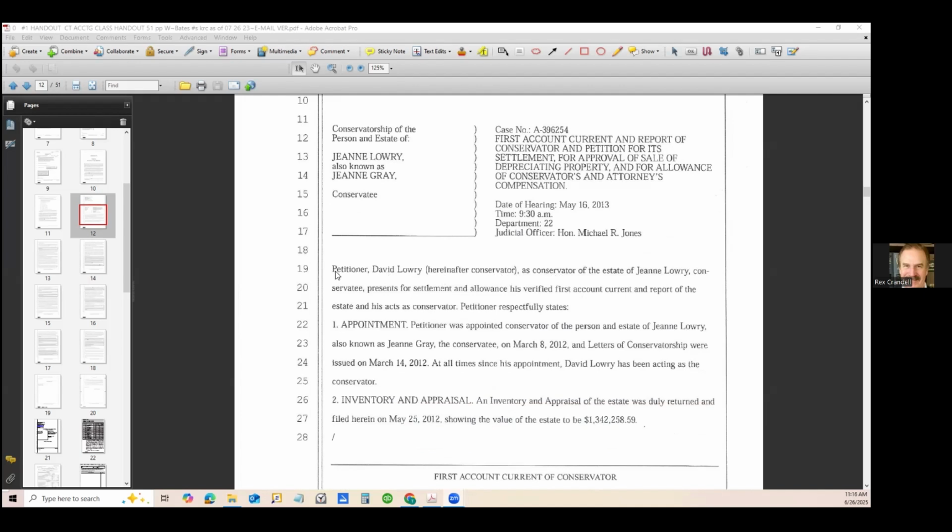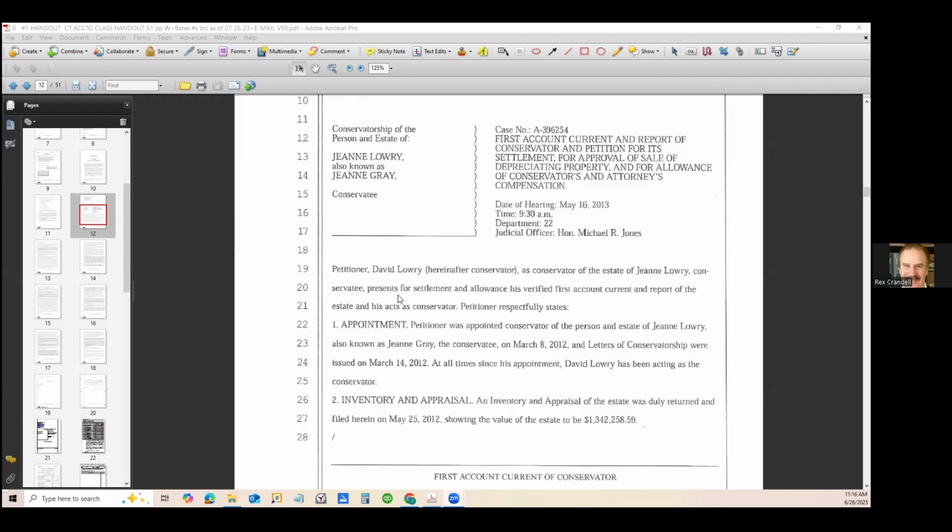Then I'll put petitioner as the conservator of the estate and person. Again, being a conservator of a person, you will not do an accounting. So, it's kind of common sense that they're conservator of the estate, but if they're also of the person, I'll include that in.